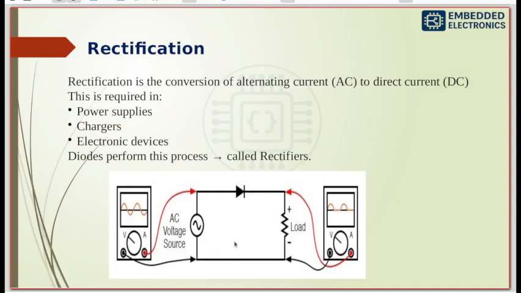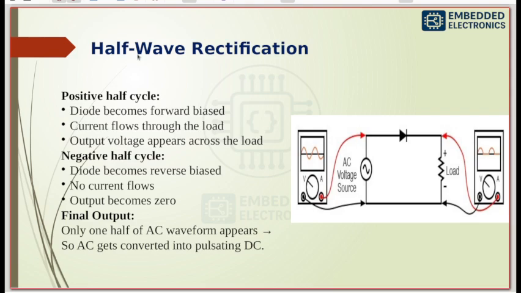So this is half wave rectification. During the positive cycle, the diode becomes forward biased and current flows through the load. So the output voltage appears; see here, we can see the output voltage.